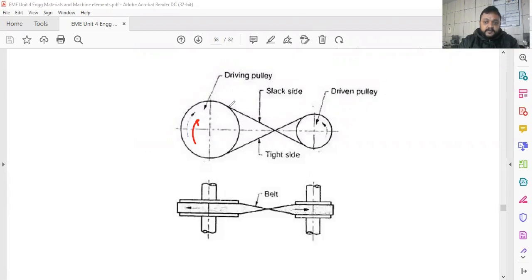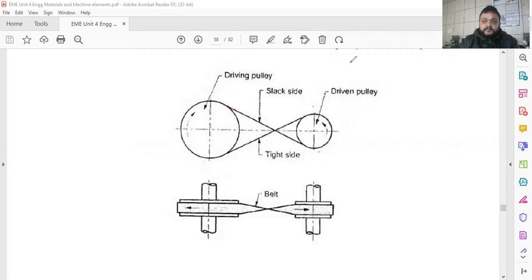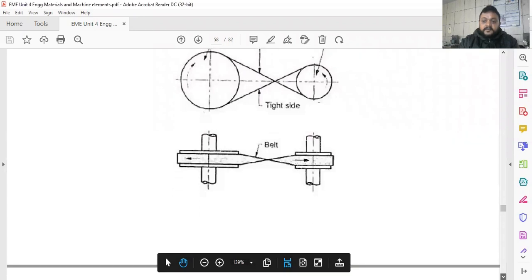Then you have to cross the belt. So that your right side is this, slack side is this, and configuration viewing from the top is like this. So this is about the open belt drive and cross belt drive, depending upon the requirement of the motion, opposite or in the same of the driver shaft.